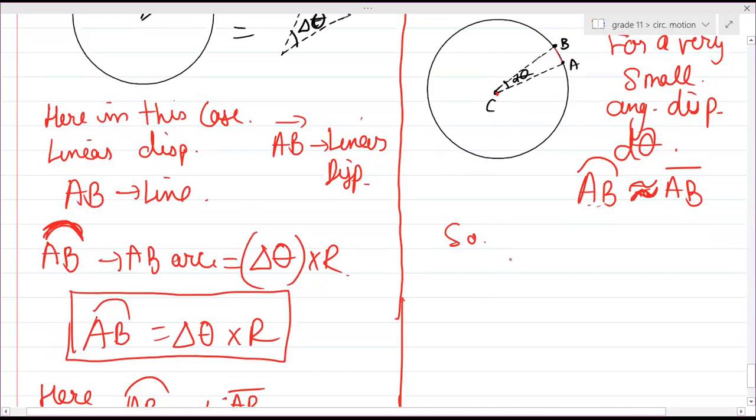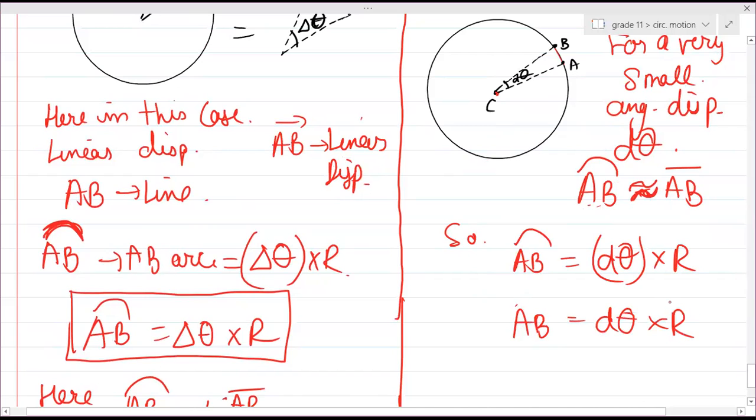So I can write AB arc is basically d theta multiplied by r. So I can write AB is equal to d theta multiplied by r. And I can write even the displacement as d theta multiplied by r. Don't write anything with vector sign. The vector signs shall be removed as of now.